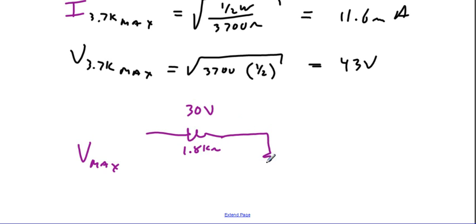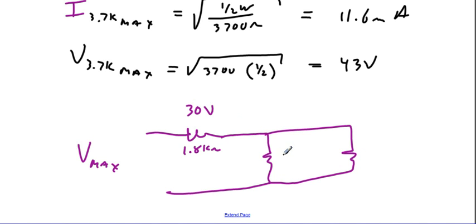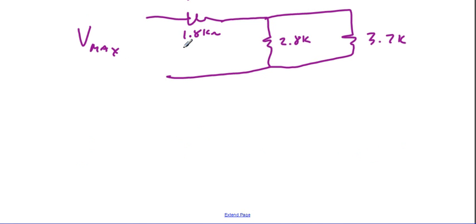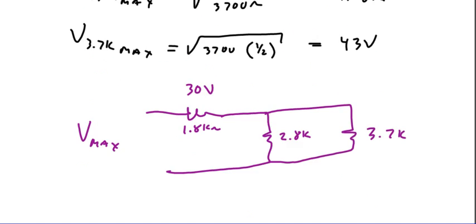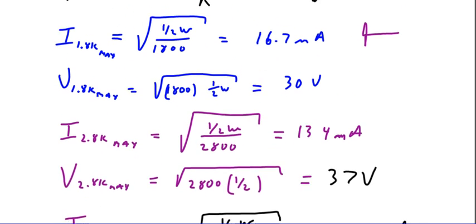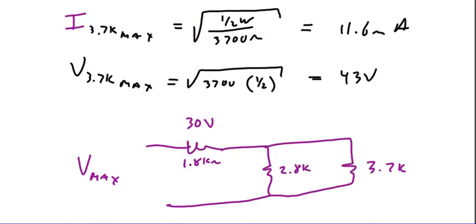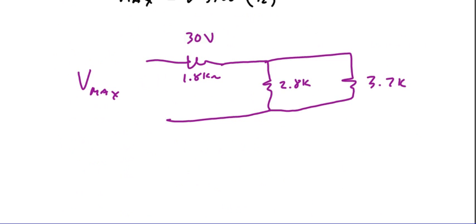And then I've got these two resistors sitting there, and one is 2.8K and the other one's 3.7K. And we know the maximum current is flowing at that time through the smallest resistor, 16.7. Okay, so I've got 16.7 milliamps flowing through that resistor.